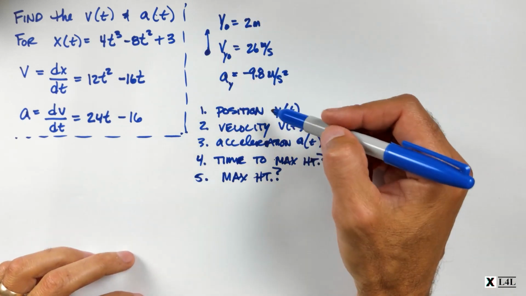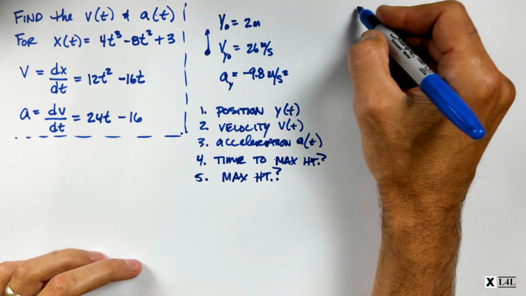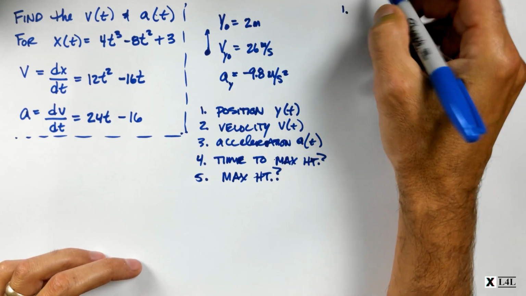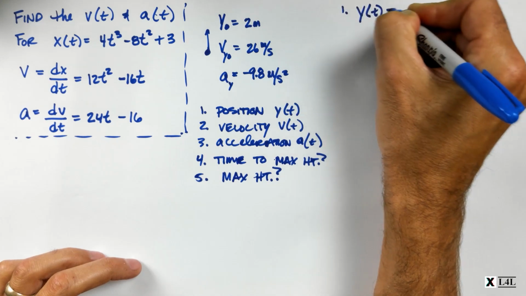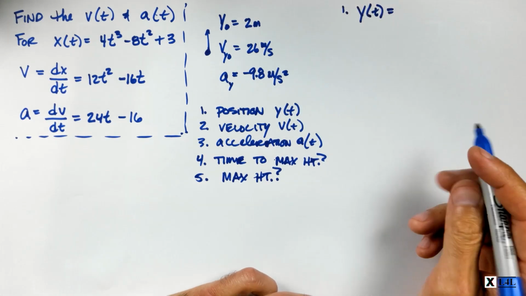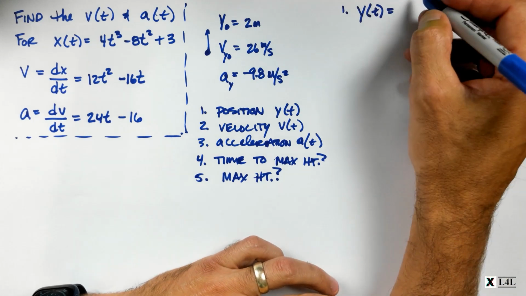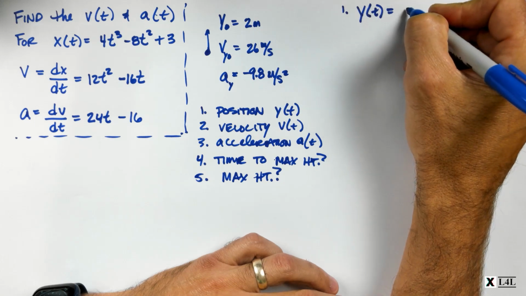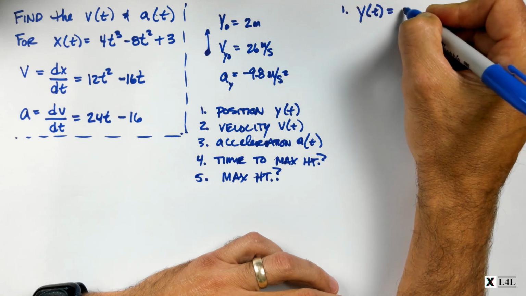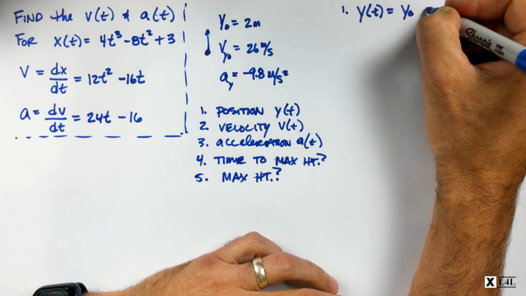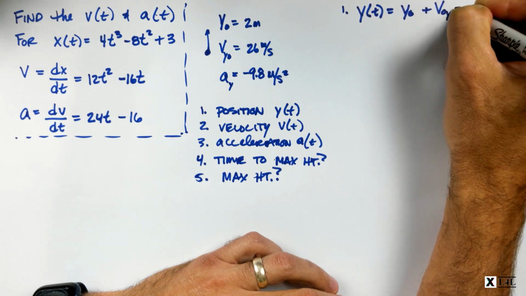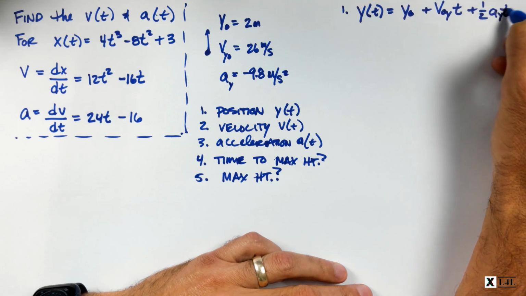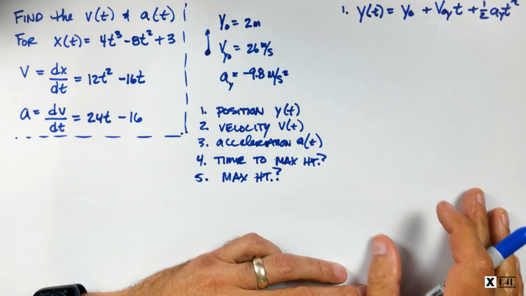Well, let's break this information down into our functions. So let's start with number 1, the vertical position function. y of t is going to be, well, we know the position function in UAM equations, where we have constant acceleration. This is going to be my initial vertical height plus my initial vertical velocity in the y times time plus 1/2 a_y t squared.